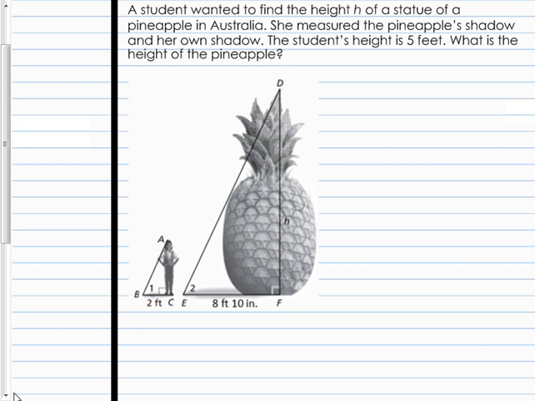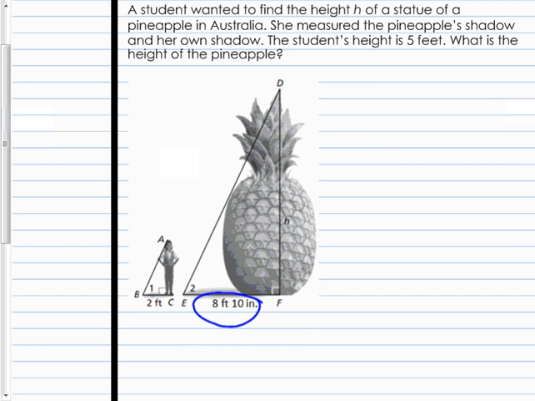So the first thing I would suggest is turning the units into inches. And the reason is because we have inches right here, and this is 8 feet 10 inches. Since it's not like 6 inches, which is half a foot, it's going to be a little bit easier to put it into inches.